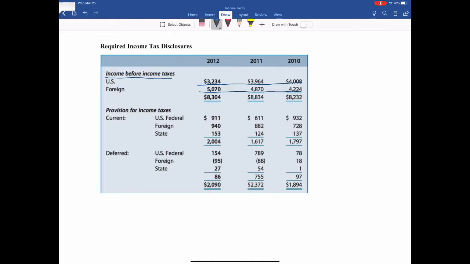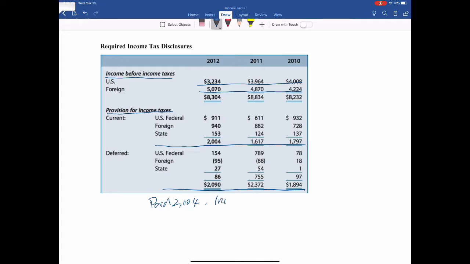The next one is the component of the provision for the income tax. This section is the tax payable to the government. This is the tax expense. In 2012, this firm paid 2004.